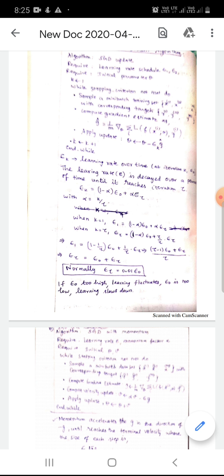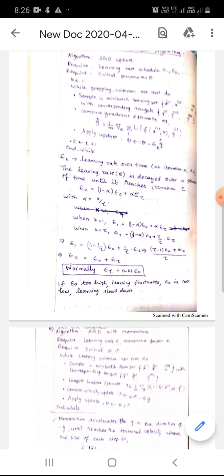After the training, we calculate the loss function by comparing the actual output f of xi with the desired output y of i for the initialized theta parameter. That loss function is summed up for all such m samples, and we take the gradient vector by taking the derivative of this loss function with respect to the parameter theta.